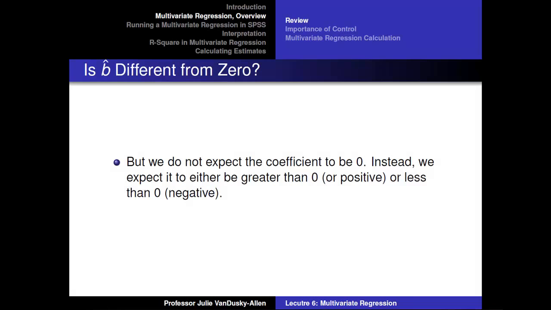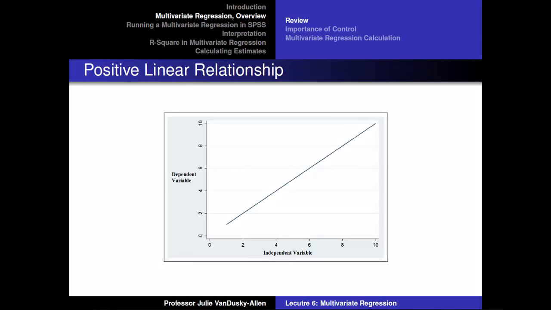As the independent variable increases, the dependent variable stays the same. However, we expect the independent variable to have an effect on the dependent variable, so we don't expect the coefficient B hat to be 0. Based on our hypothesis, we expect it to be greater than 0 or less than 0. If we expect there to be a positive relationship between our independent and dependent variables, we expect that as the independent variable increases, the dependent variable increases.